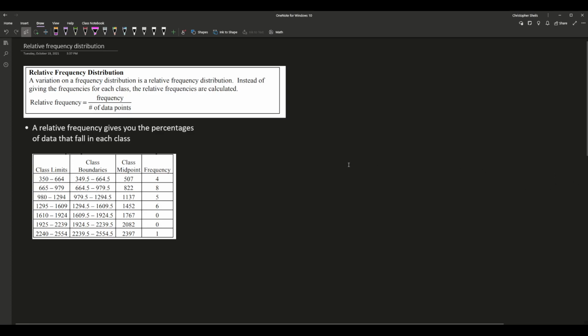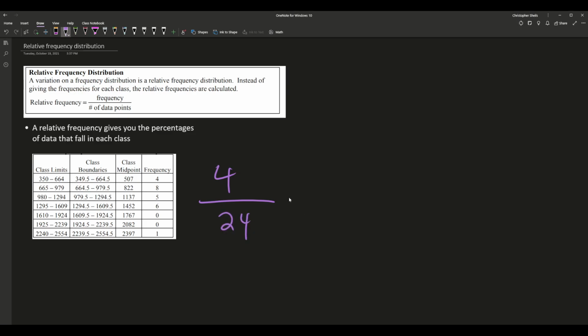Starting out with the table that we ended yesterday's discussion with, let's look at an example of how to calculate the relative frequencies. I'm told that relative frequency is a frequency divided by number of data points. So the relative frequency of my first class would be 4 divided by the number of data points here, which is 4 plus 8 is 12, plus 5 is 17, 23, 24.